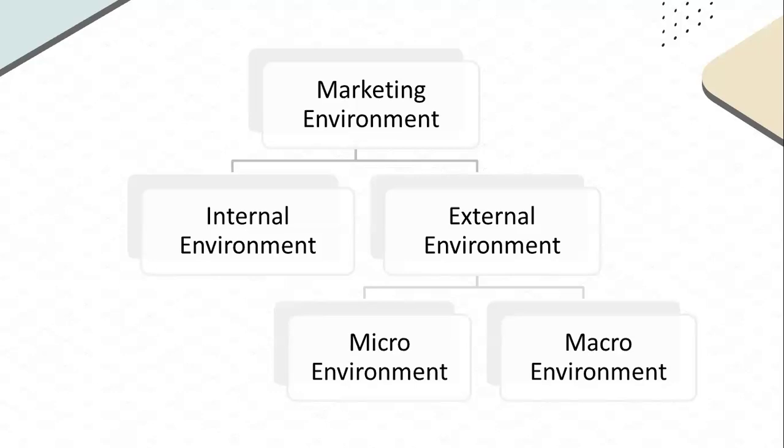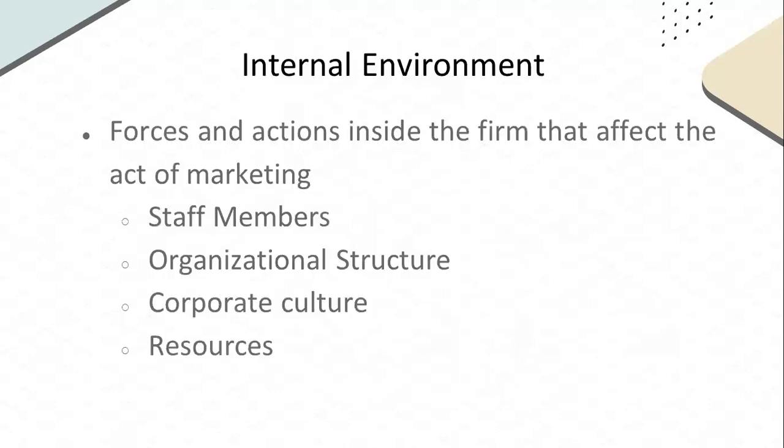So what are the factors that are affecting marketing inside your company? Employees. Yes, the employees, then the organization structure, the available resources and technology, and the corporate culture, right?